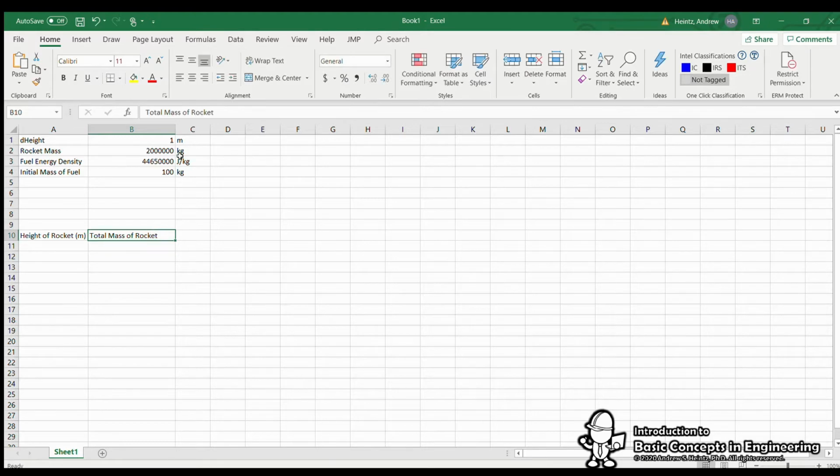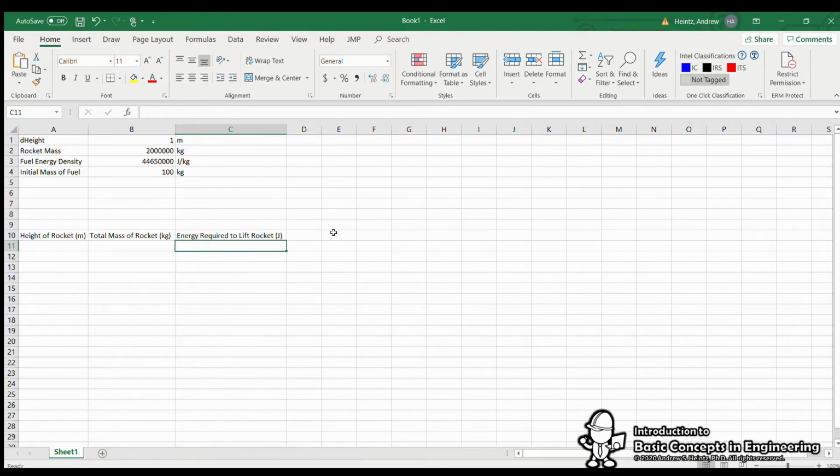So total mass of rocket, and that will be in kilograms. Make sure to note that. All right, next, we need to know how much energy is going to be required to lift the rocket. And that will be, of course, in joules, an energy unit.